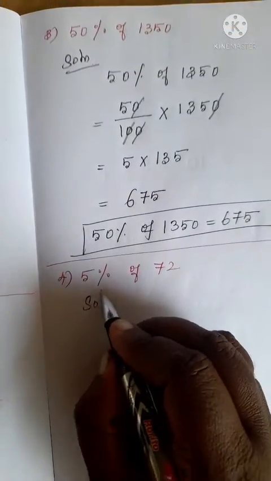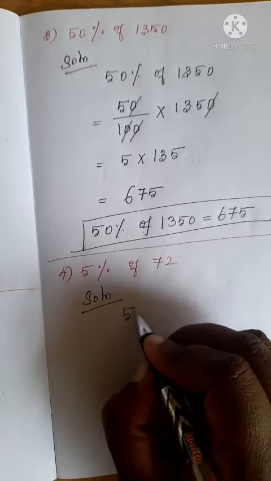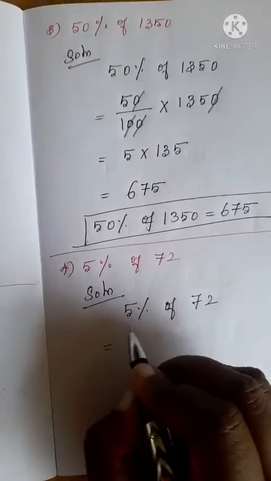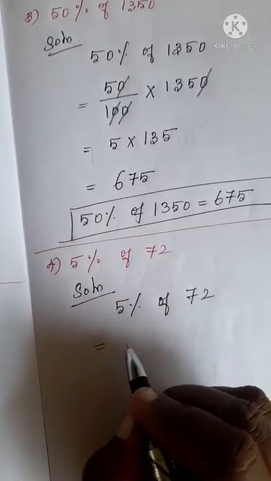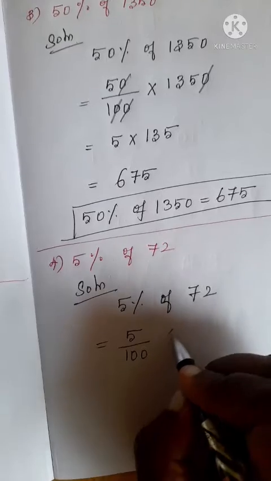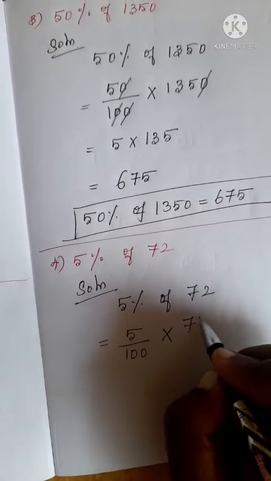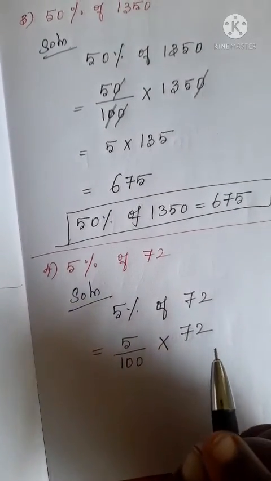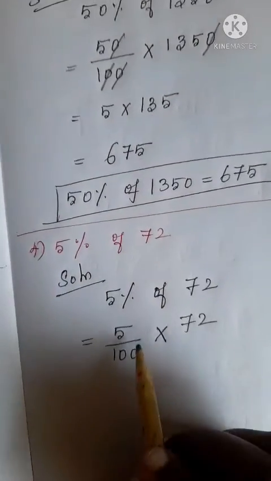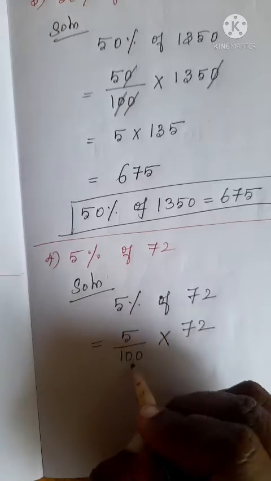Next, fourth question. 5% of 72. How can you write 5%? 5 by 100 into 72. Okay, 72. Now, see, in the fifth table we can divide 100.